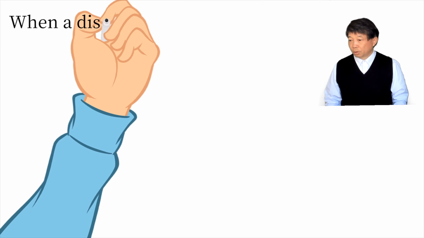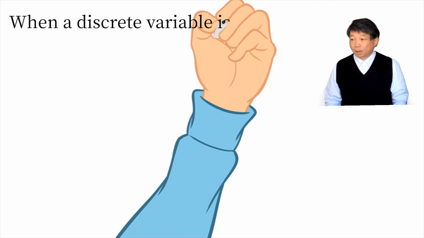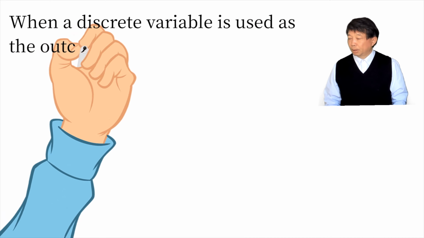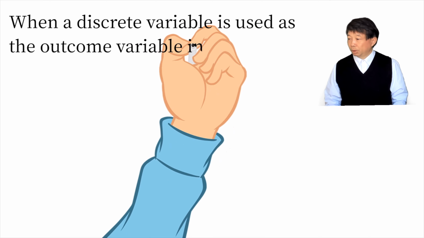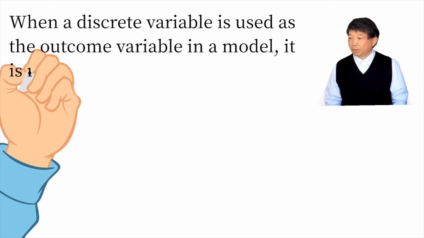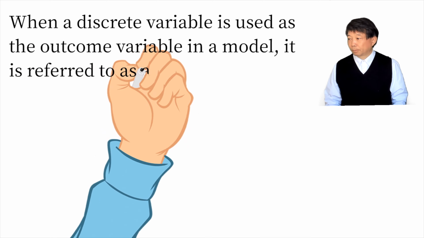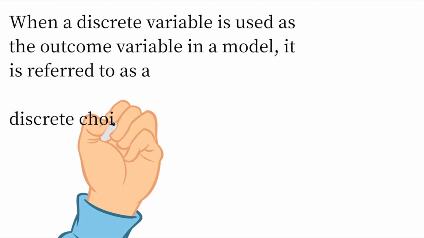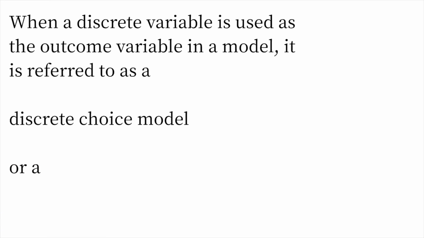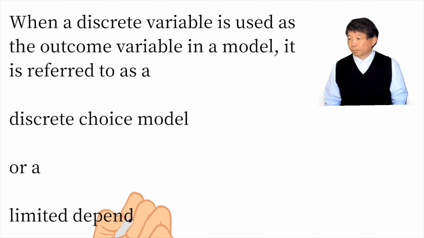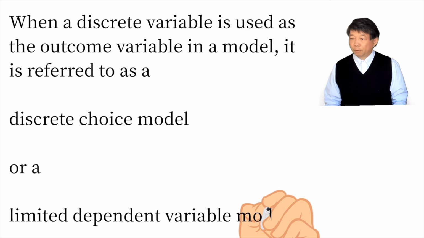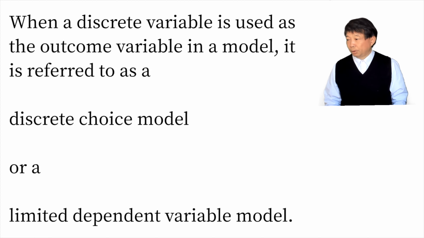When a discrete variable is used as the outcome variable in a model, it is referred to as a discrete choice model or a limited dependent variable model. An extreme example of a discrete choice model is the binary response model, which features a dummy outcome variable that can take only two values, 0 and 1.